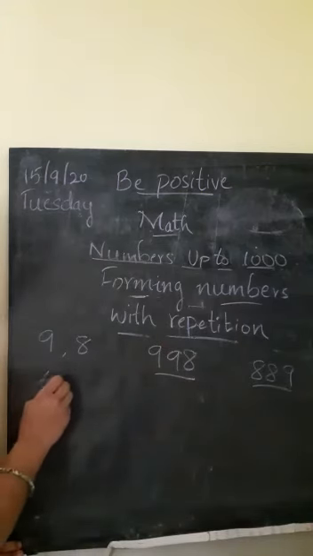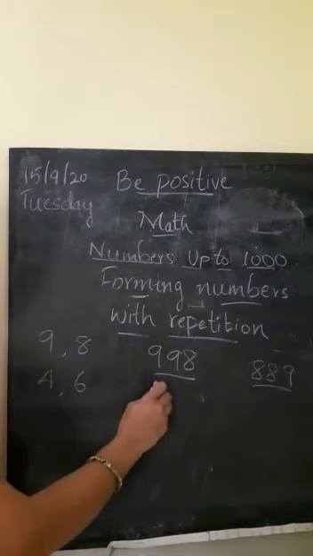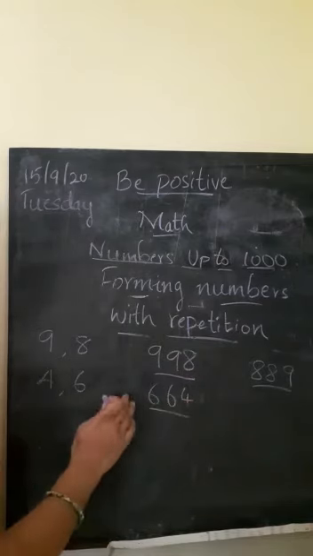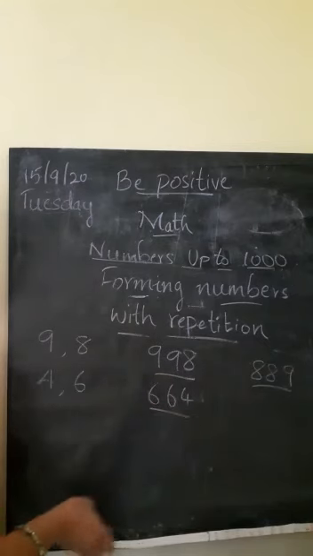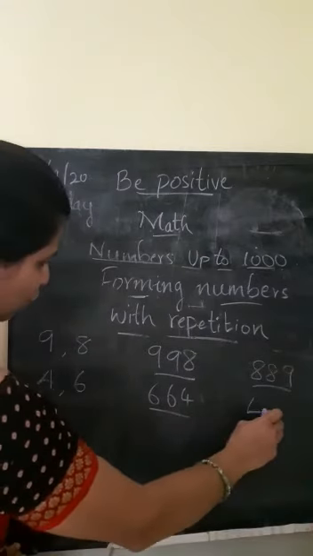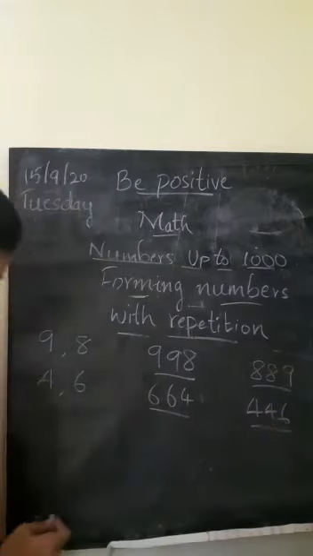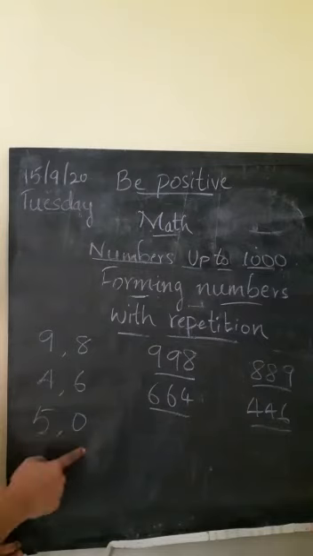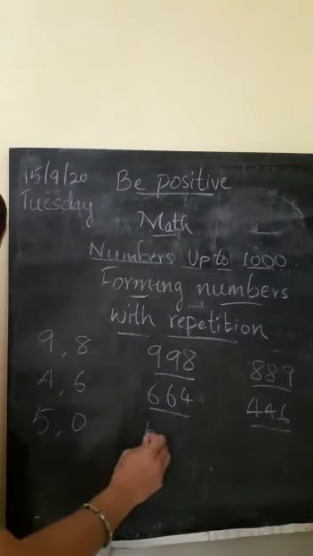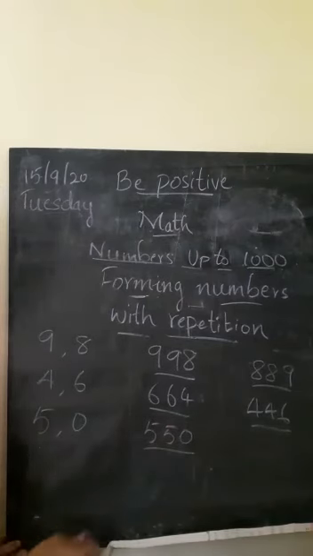Okay, and the next is 4 and 6. So here 664. We should form a 3-digit number using 2 digits. So the next one will be 446. Next is 5 and 0. For the greatest, we can write 550. But for the smallest, what can we write?